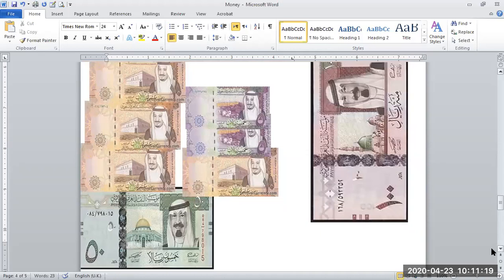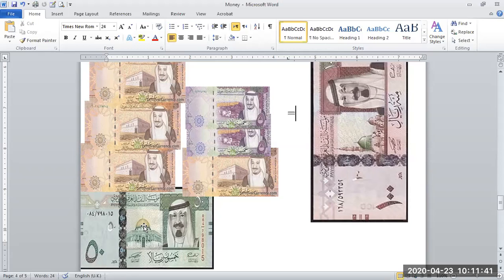For example, we make 100 like this: 10 plus 10, 20, 30, 40, and 50. And 50 plus 50 is 100. You can also use this.